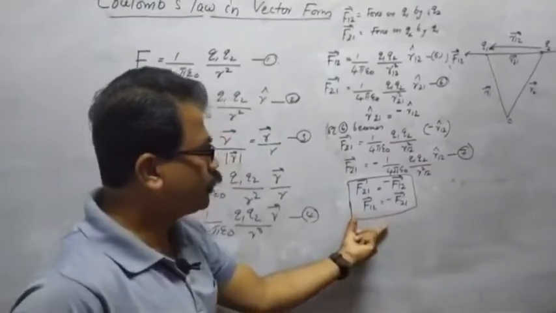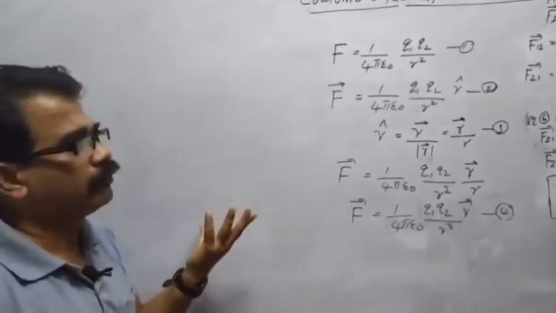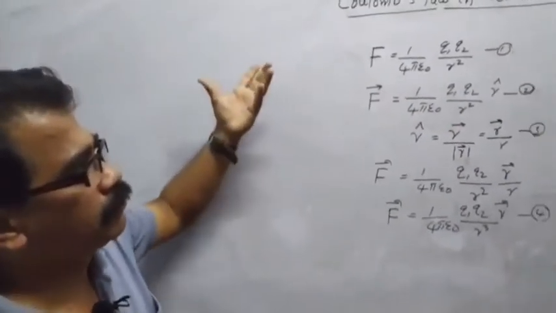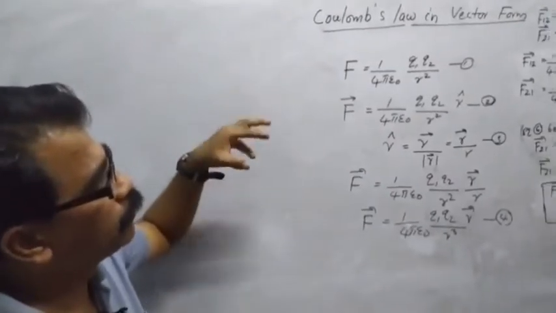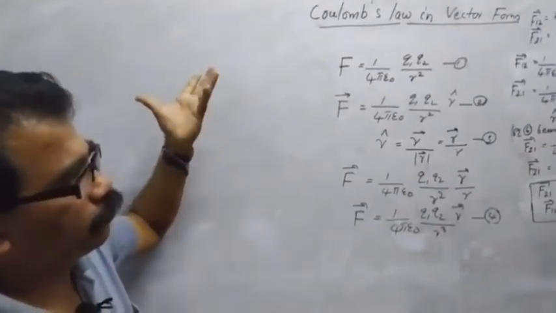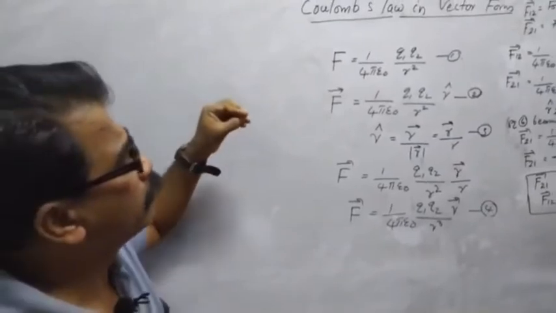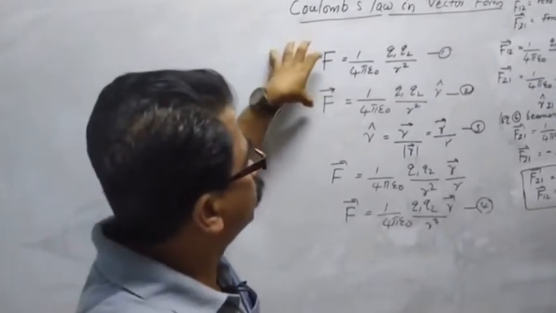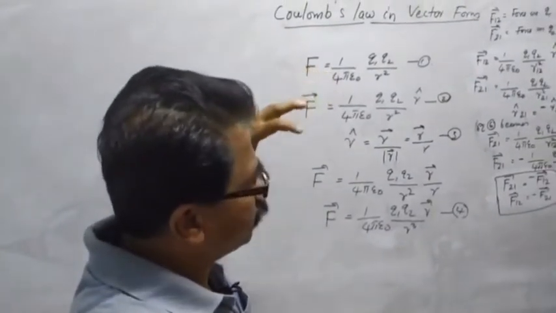Now we are going to write Coulomb's law in another form. You can write the Coulomb's law of forces in vector form in different ways.